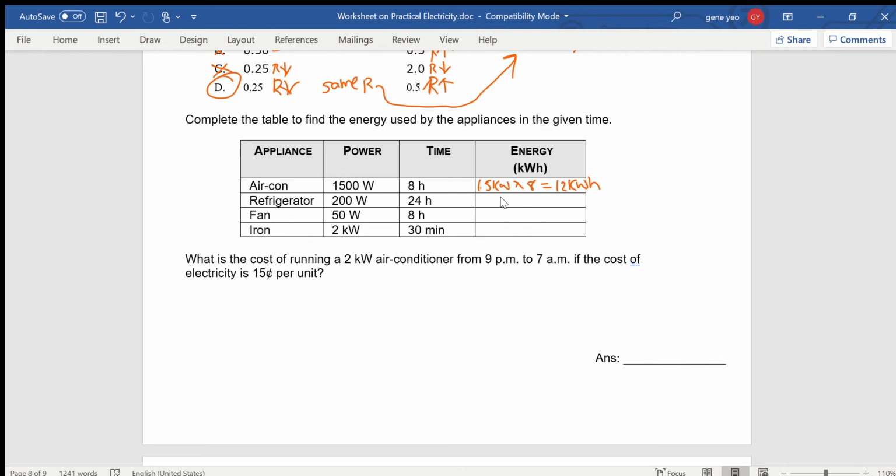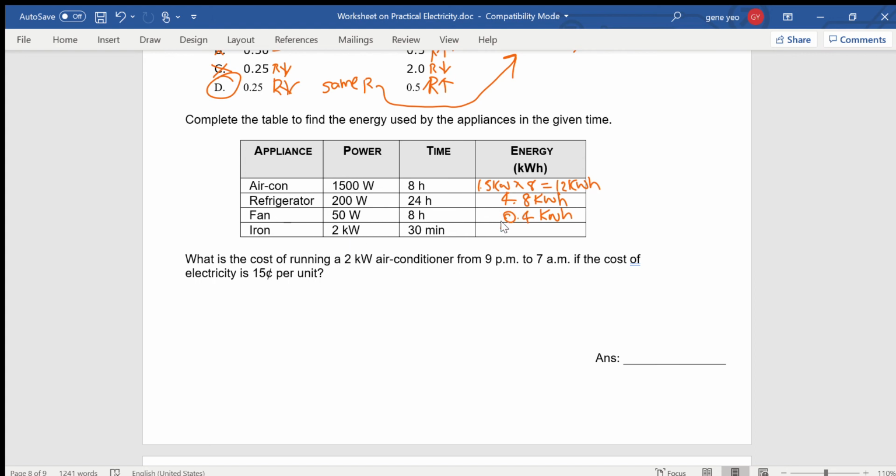Hopefully I do it faster than you. Okay, so off we go. This will give me 4.8 kilowatt hour. Two times 0.5.